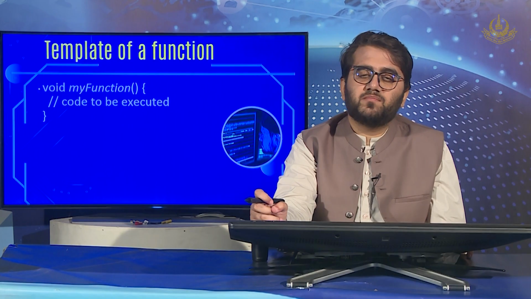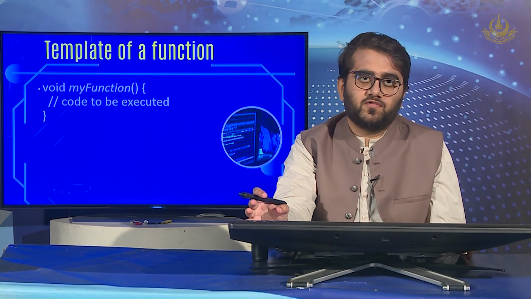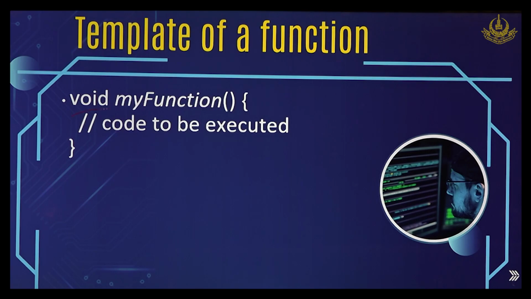The basic template, the simplest form of a function in the C++ language, would be like this. You would have the word void, and then the function name. Then you would have round brackets, or parentheses, where we would pass the parameters.